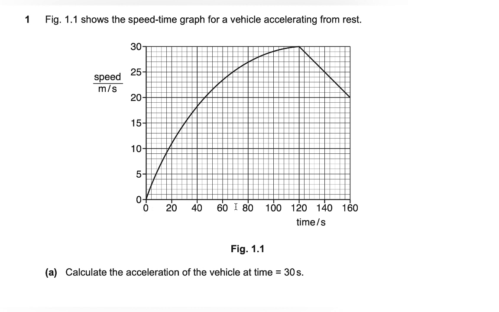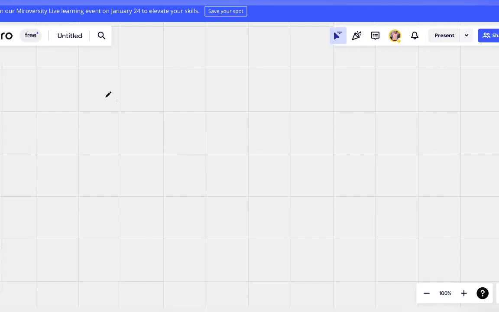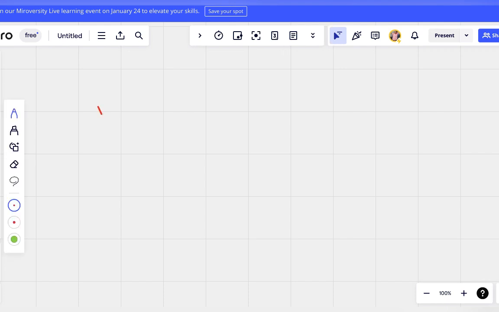This is an assumption, because we did not draw the graph. Let's say the vertical side is 30 minus 5, so the gradient is 30 minus 5 over 60 minus 0, for example.